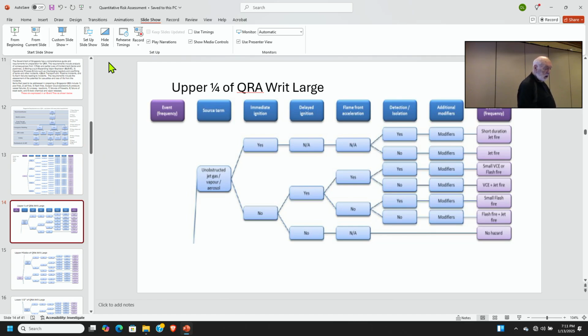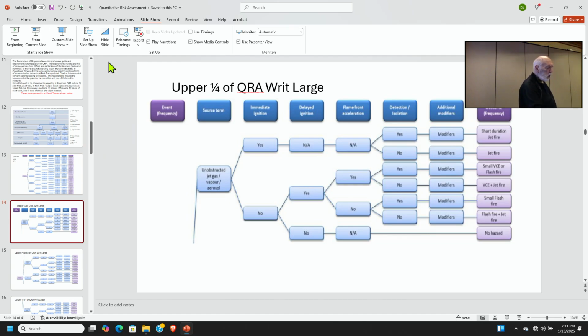But I wanted to kind of go through some of this. So on the far left, we have the event, which is the top level event. Then you have your source terms, immediate ignition, delayed ignition, flame front, inhalation, additional modifiers, and the final outcome.